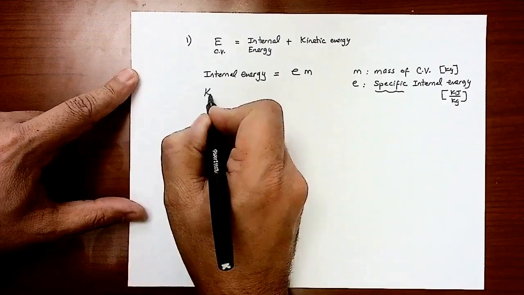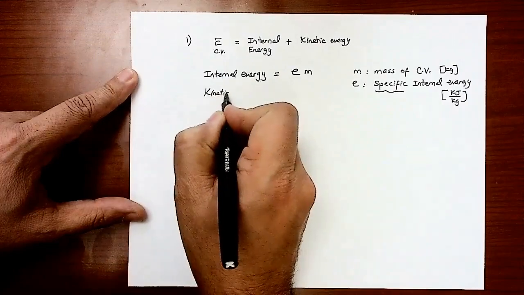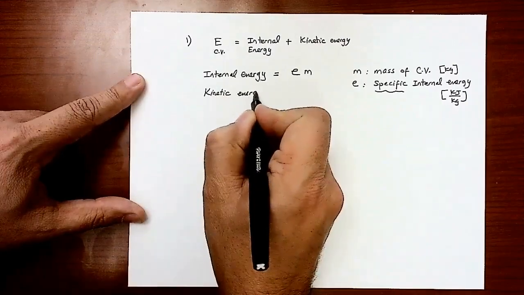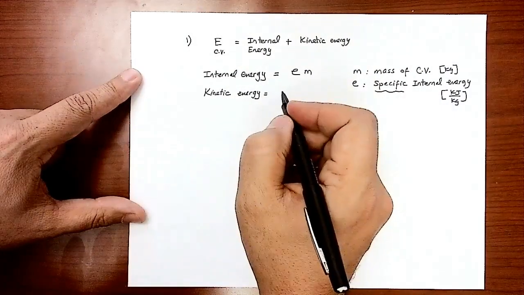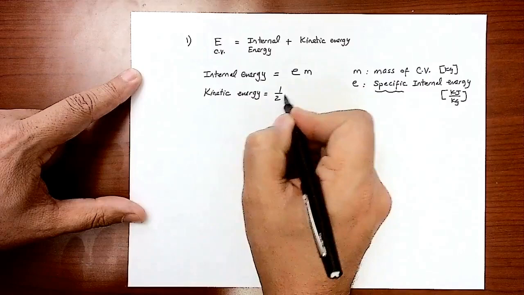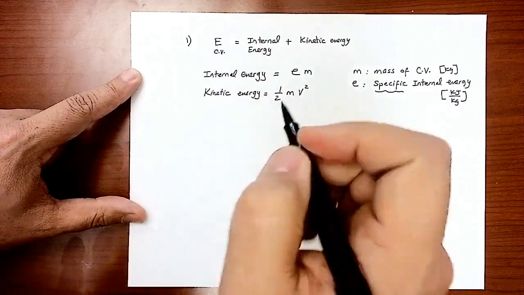What about kinetic energy? It's simply half m v squared.